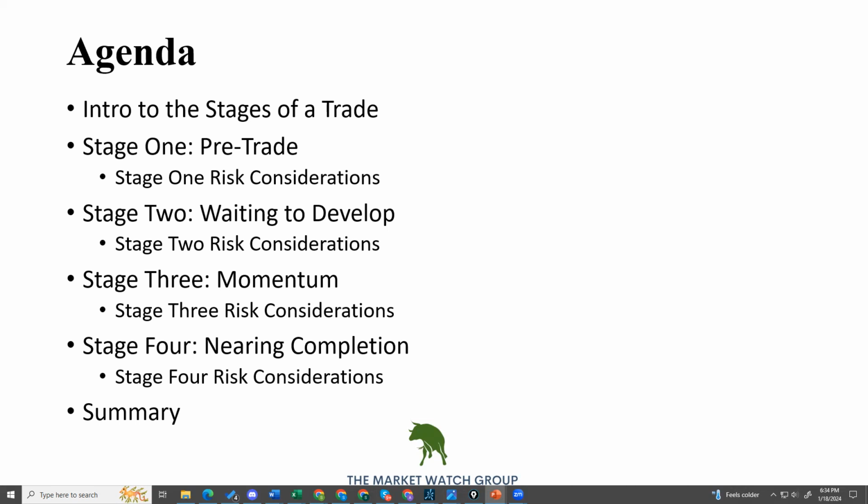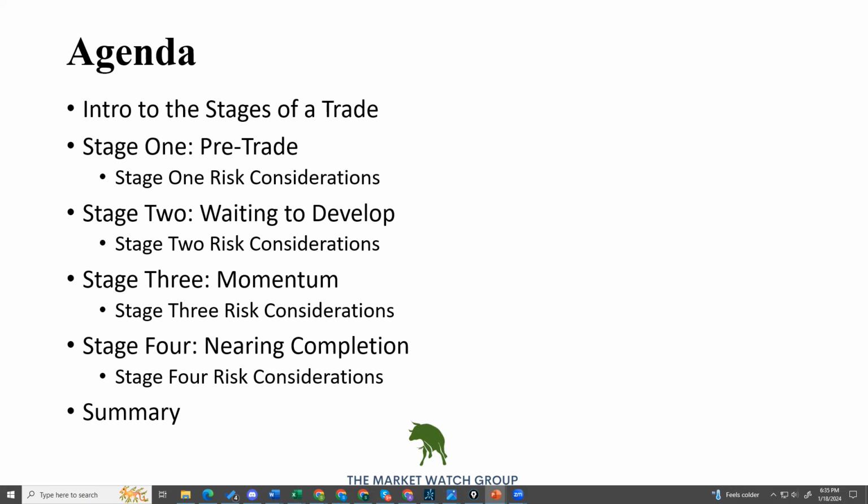What are the considerations that I need to have as it comes to risk and managing the trade. Then we'll look at stage two. So stage one is pre-trade. Stage two, waiting to develop. I'm in the trade, but I'm waiting for it to really start doing what it is I thought it was going to do, what I wanted it to do. And what are my risk considerations and what is my plan of action when I'm in stage two?